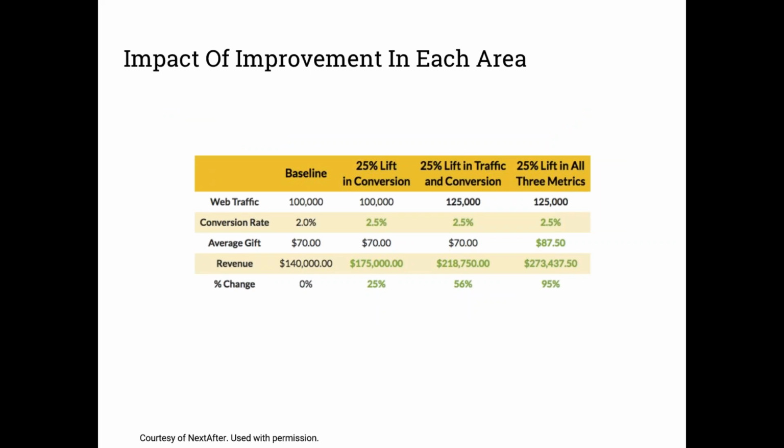So if you get more traffic, but the conversion rate, or the number of people who donate compared to who visit your site, stays the same, and the average gift stays the same, you'll raise more money. So if you get a bump in any one of these three areas, you should, in theory, raise more money. And obviously the goal is to try to get an increase in all three of these areas. But just by increasing your traffic alone, in theory, you should be able to raise more money.